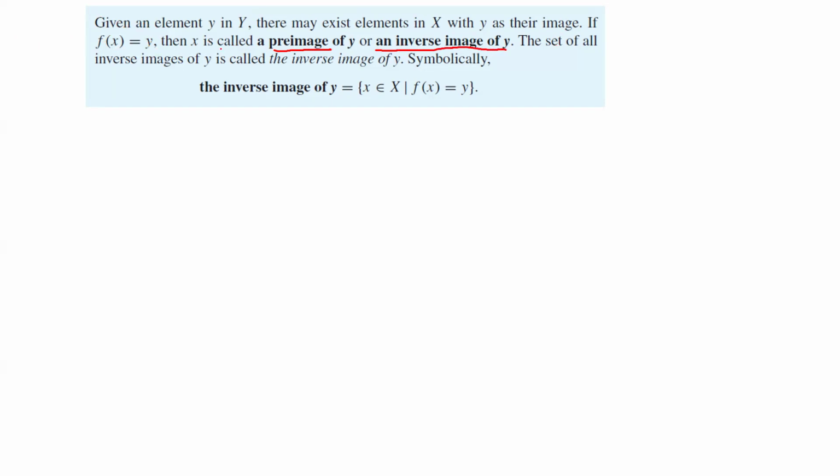The set of all inverse images of y is called the inverse image of y. Symbolically, we represent it this way. The inverse image of y is a set including all x in the domain such that f of x is equal to y.